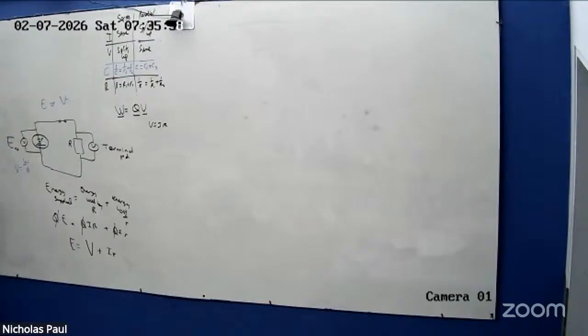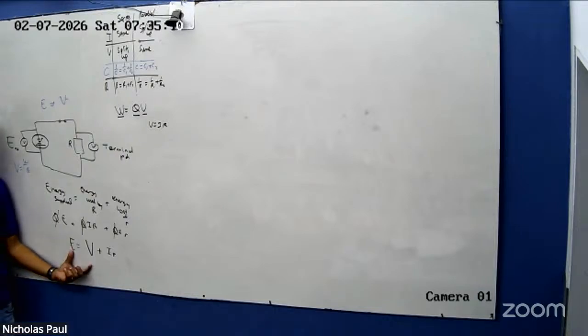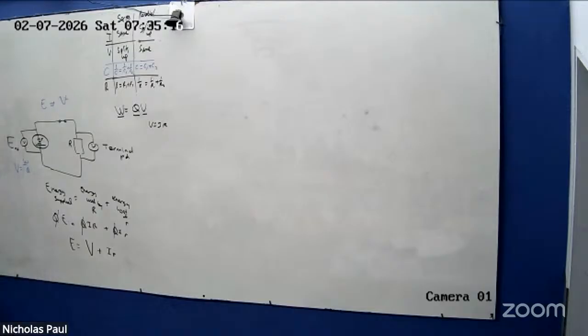Everybody okay with that? This is something new that we need to learn, the relationship between these two things. What would happen when the current is almost zero? What if I turn this off, and the current in the circuit becomes zero?